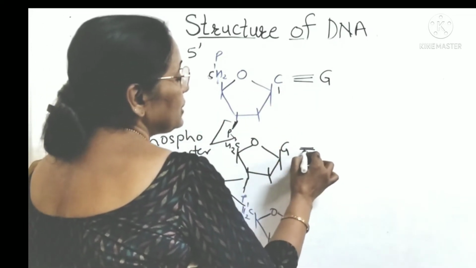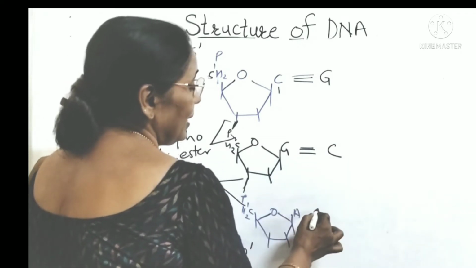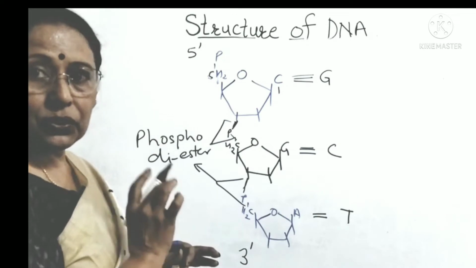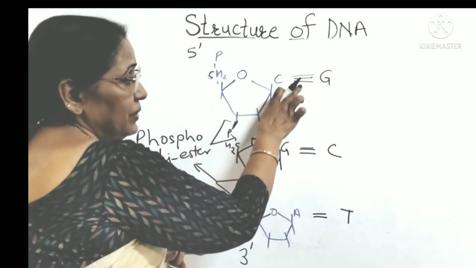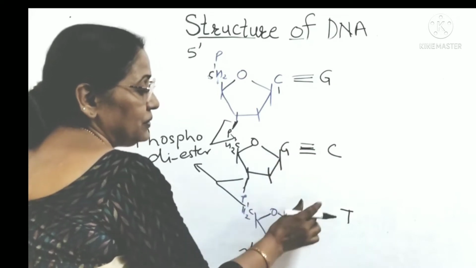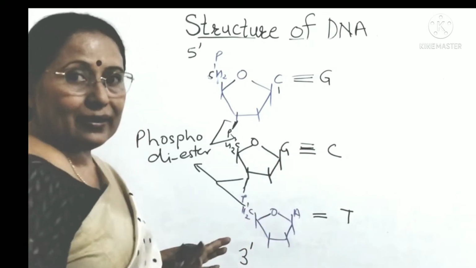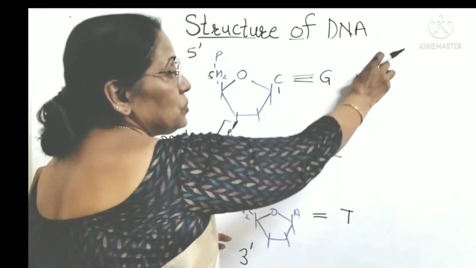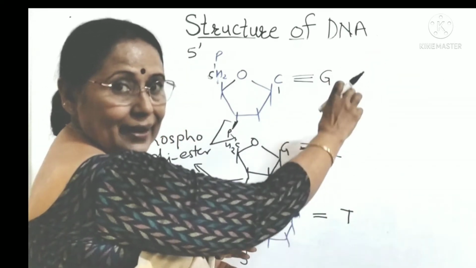G always pairs with C. A always pairs with T with 2 hydrogen bonds. So here we have drawn 3, here again 3, and here 2 bonds between A and T. So this GCT is attached to the nucleotide of the other strand.